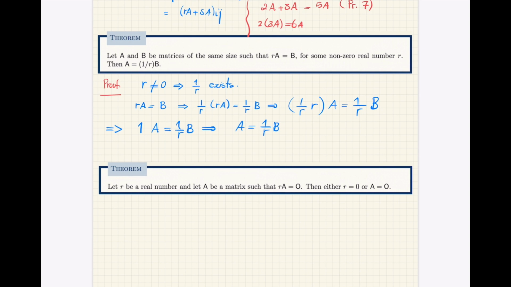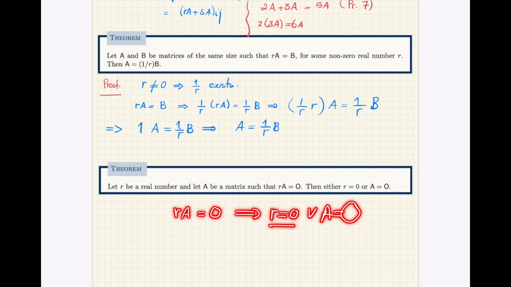Okay? So if I want to prove this, we can prove it in this way. So you see, RA is equal to 0. I want to show that either R is equal to 0 or A is equal to the zero matrix. This is the way that I want to prove it. I say that if R is equal to 0, then we are done, because I want to show that either R is equal to 0 or A is equal to the zero matrix. If you say that R is equal to 0, there is nothing to prove.